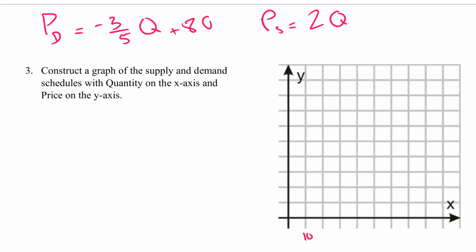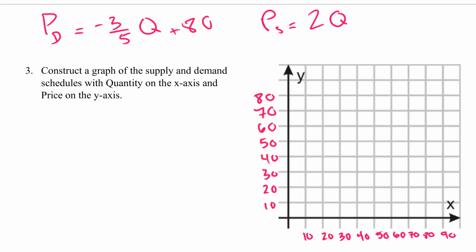So I'm going to make it go by tens. And our price is always going to be on the vertical axis, and our quantity is always going to be on the horizontal. So we need to label our axes as well.